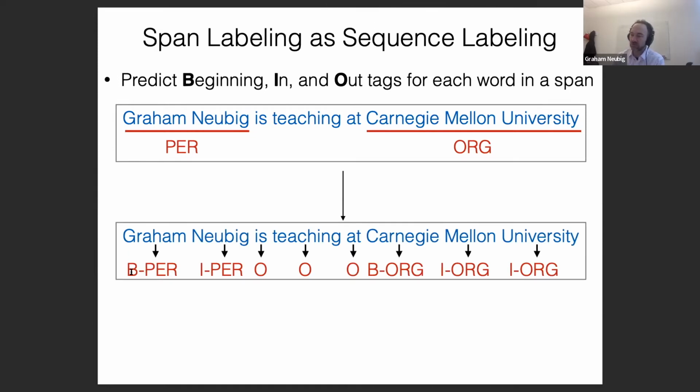So we have beginning of person, inside of person, out, out, out, which means no span is identified. Beginning organization, in organization, in organization, like this. So the good news is, if you want to do this span identification task, you can just solve it with a sequence labeling model. So sequence labeling is nice in that way. There might be better ways to handle span identification, but this is one way to do it.